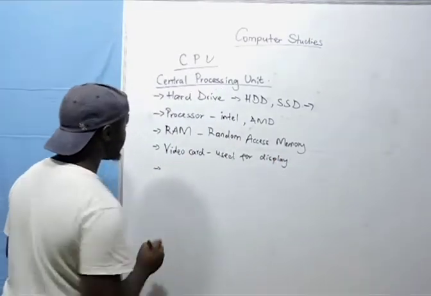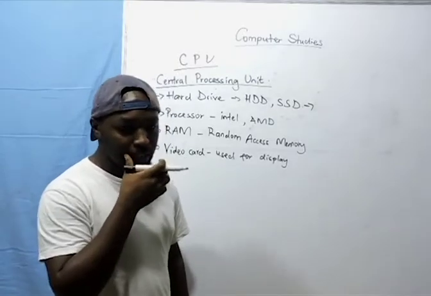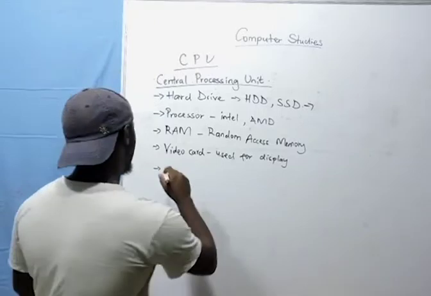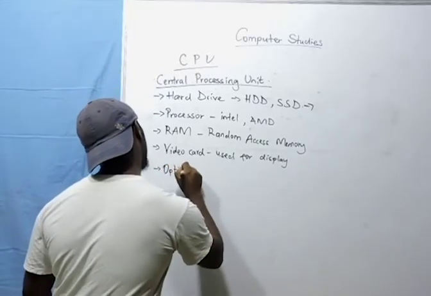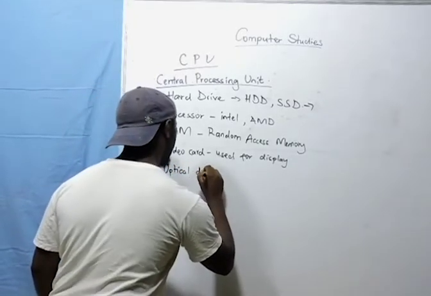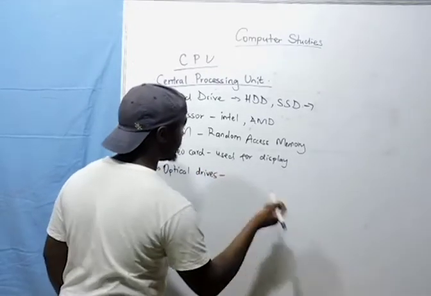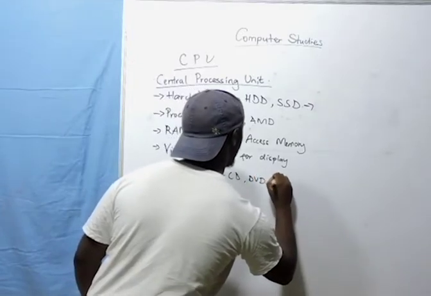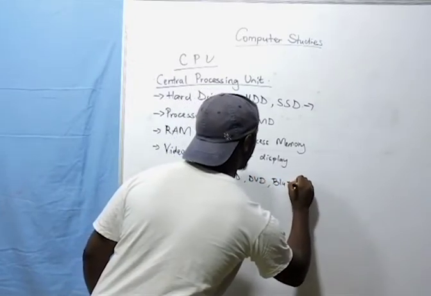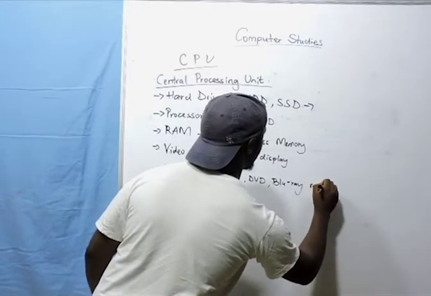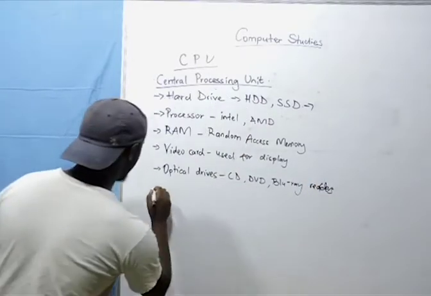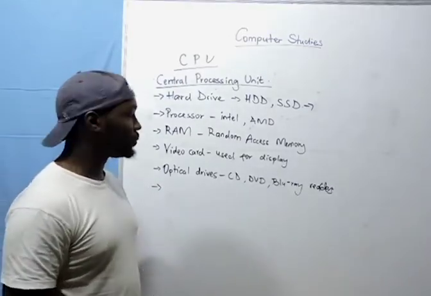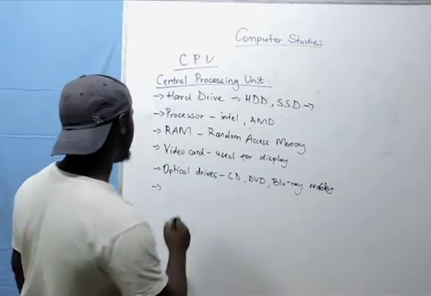And then what other parts do we have? We have optical drives. These are your CD, DVD, Blu-ray readers. And then finally we have all these other miscellaneous items that are found inside the CPU.